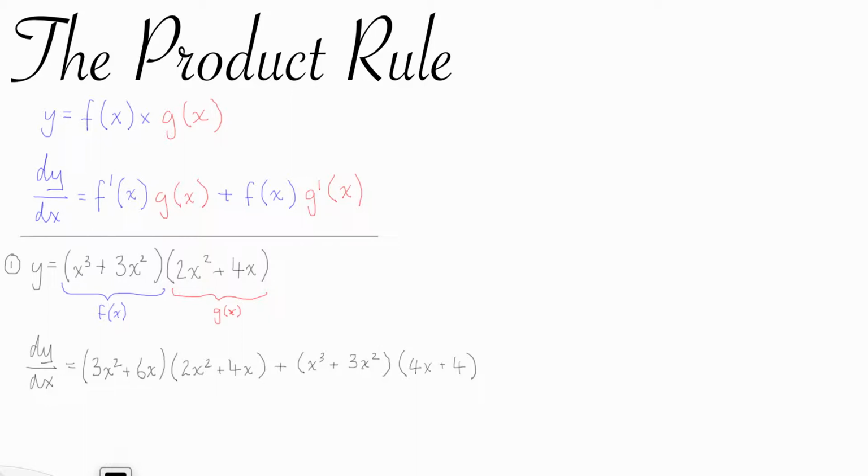So example 2, we have y equals e to the x tan of x. So what we have is we have our first function, and we have our second function.